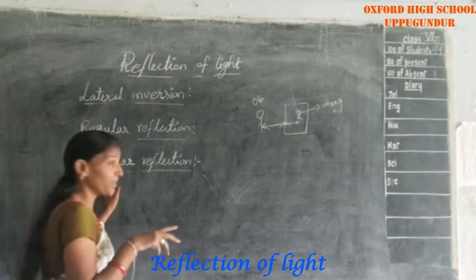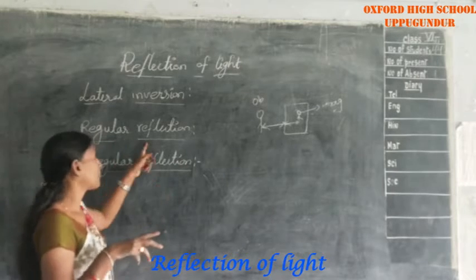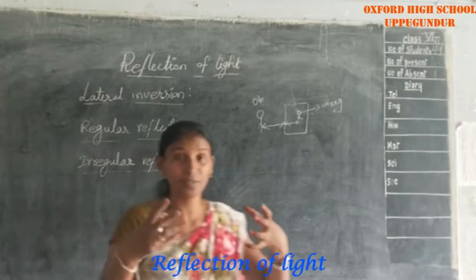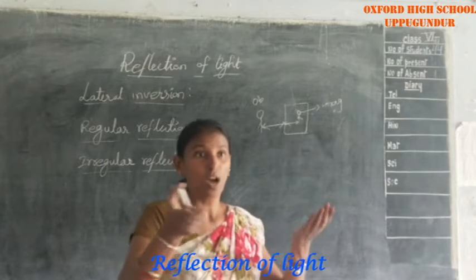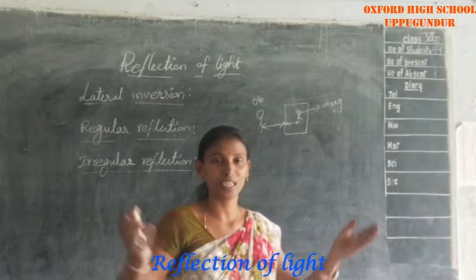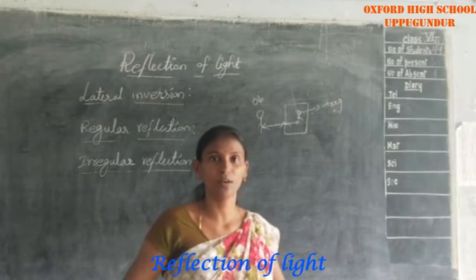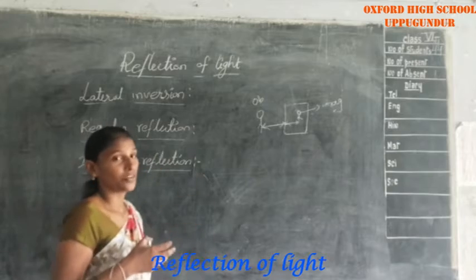That's why these places use irregular reflection. Regular reflection means you are observing a clear image, and that is used in daily life, in the house or in vehicles. Vehicle sides also use mirrors. So these types of mirrors are called regular reflection.